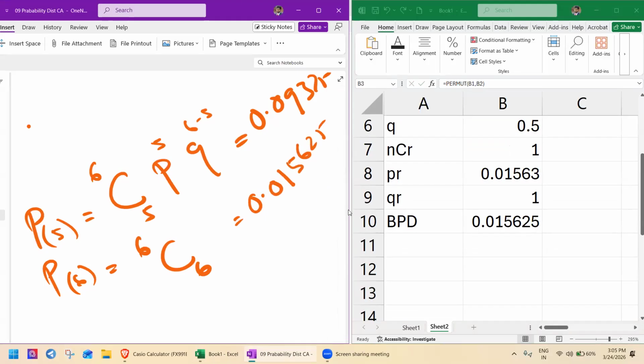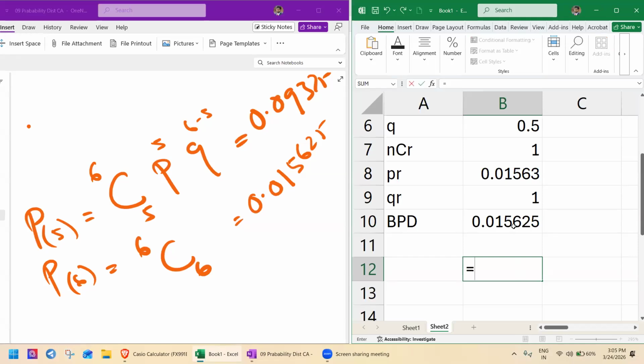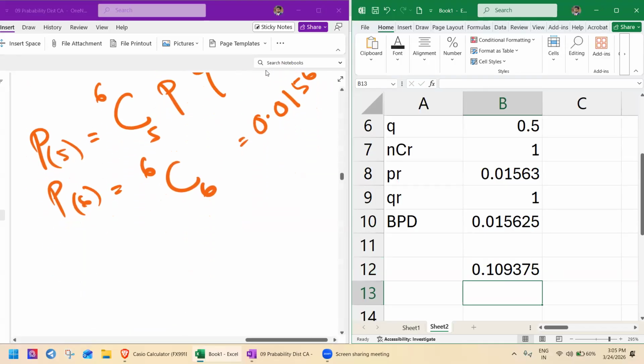Then we add these two together, right? We add this together, we will get this value plus 0.09375 equal almost 11%.